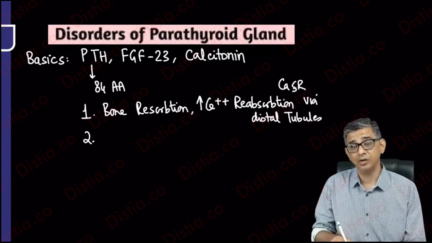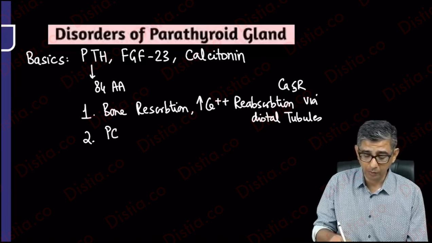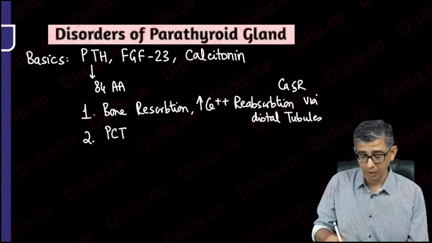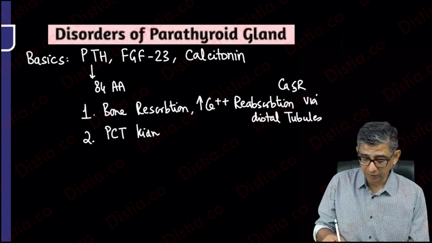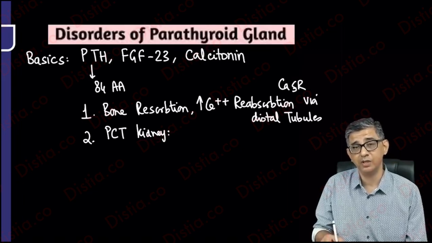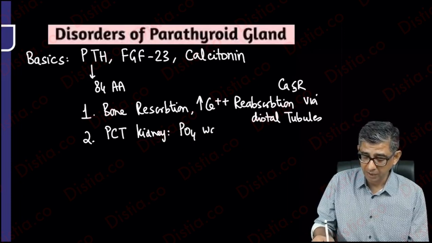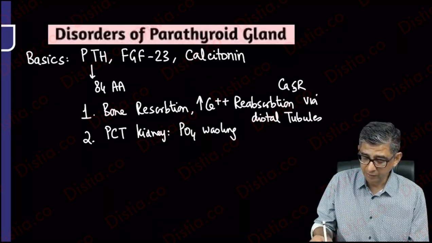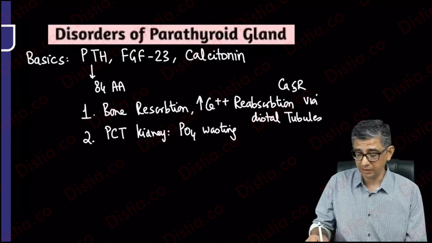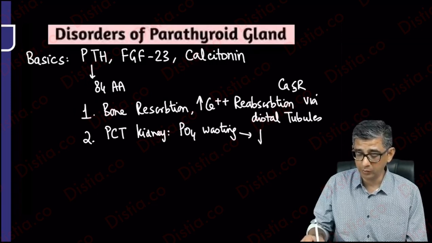The second action of PTH is again on the kidney, and this time it would be acting on the proximal convoluted tubule. By acting on the proximal convoluted tubule, it is trying to regulate phosphate values as well. What this will promote is phosphate wasting. Why that is important for us to know is, suppose I give you a situation where PTH in the body is more.